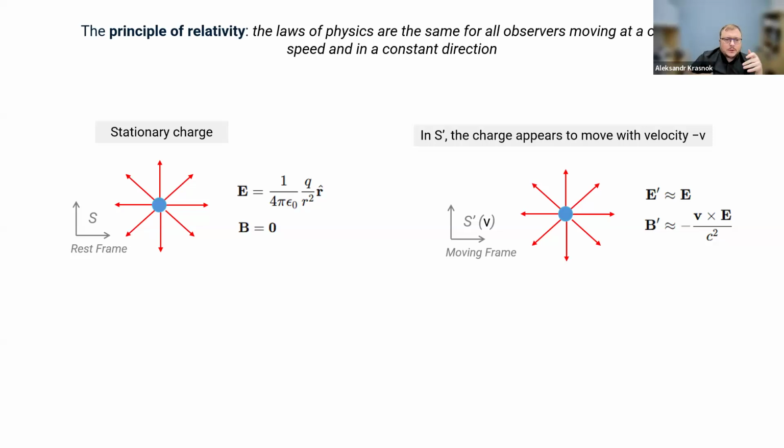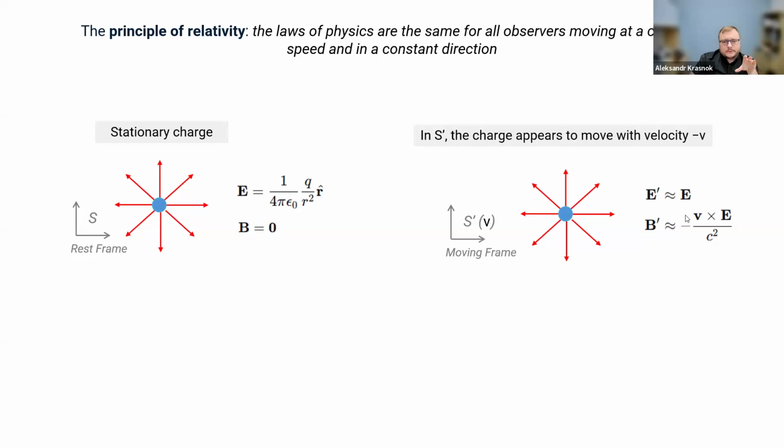You can ask, for example, am I moving right now or not? In my frame, I'm not moving, but at the same time, we are all on the surface of the Earth, and the Earth moves through space around the sun with a large velocity. So depending on the frame, I am at rest or I am moving. That really depends on the frame of consideration. So I can consider the same charge from the moving frame.